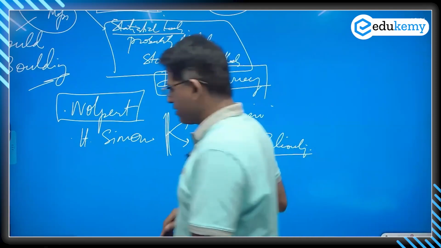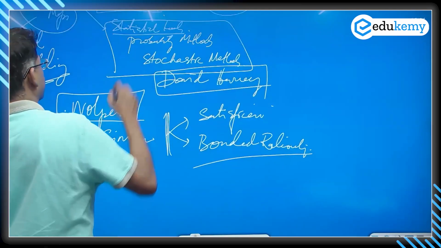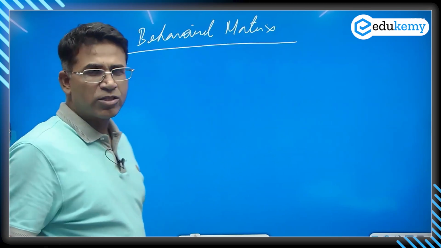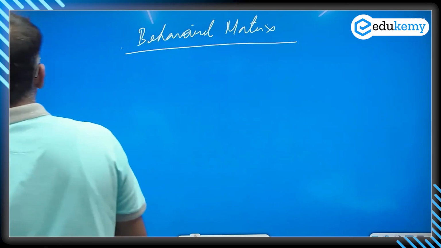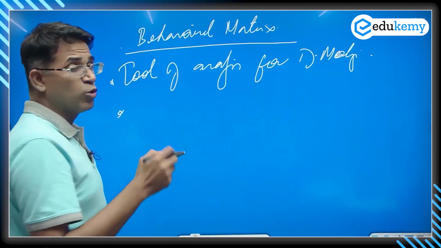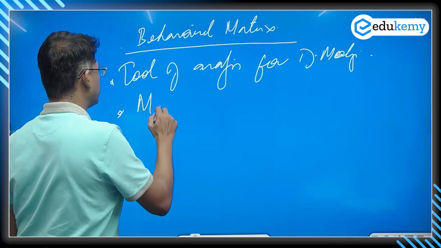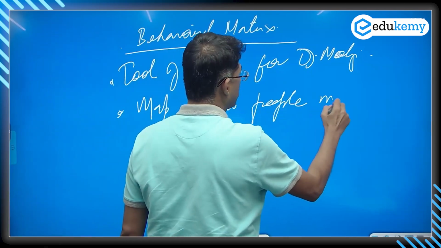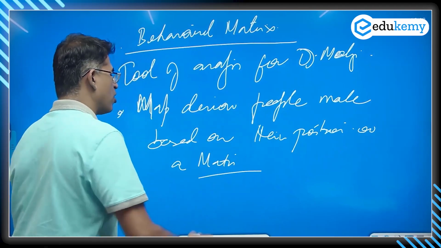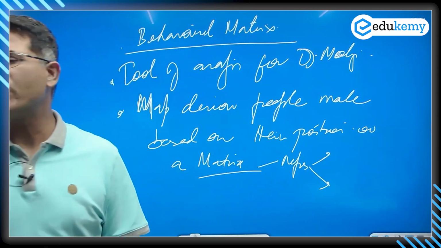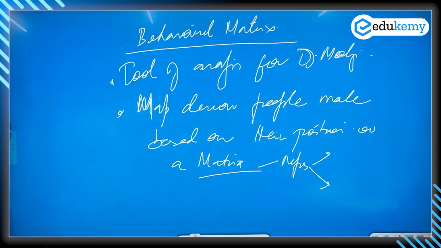So let me discuss, if you have a question on the behavioral matrix. What is a behavioral matrix? You can keep writing as I speak. Essentially, it is a tool of analysis for decision making. This tool can map decisions people make based on their position on a matrix that maps the quality of information with the quantity of information.